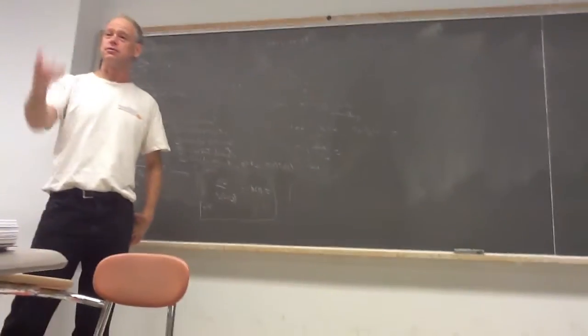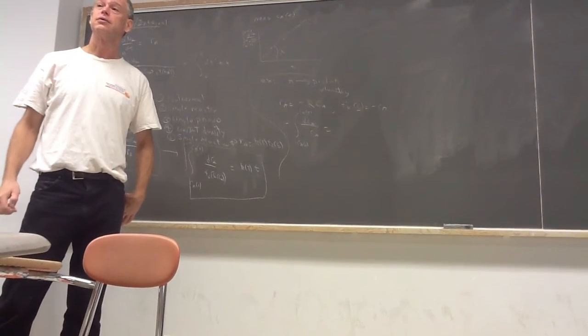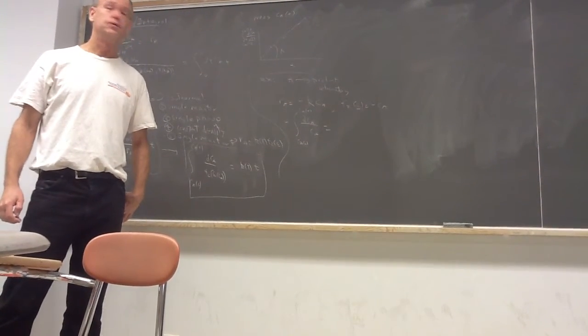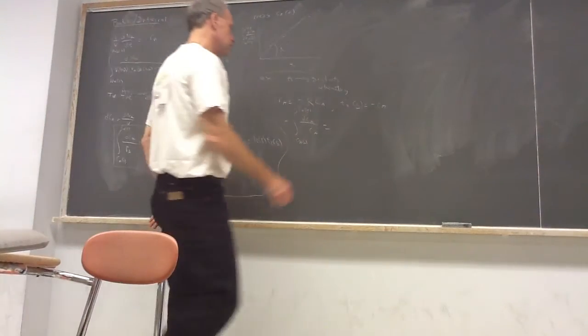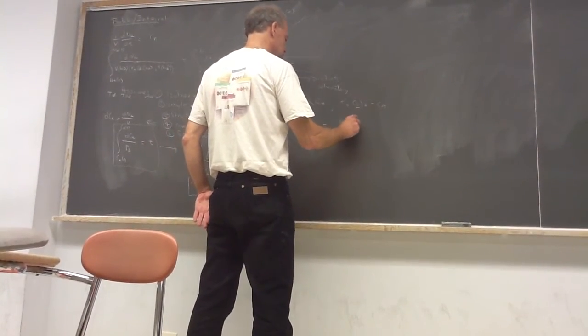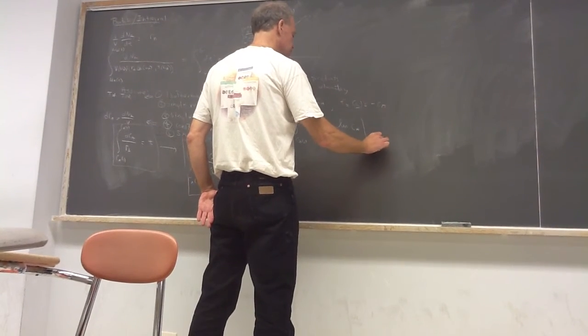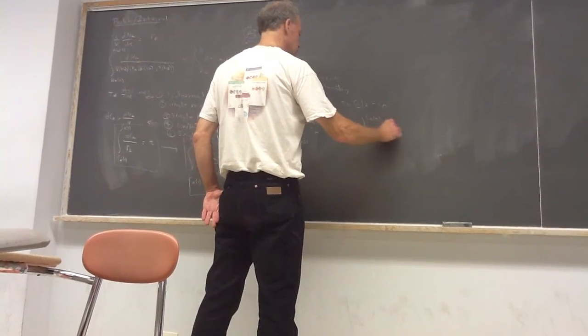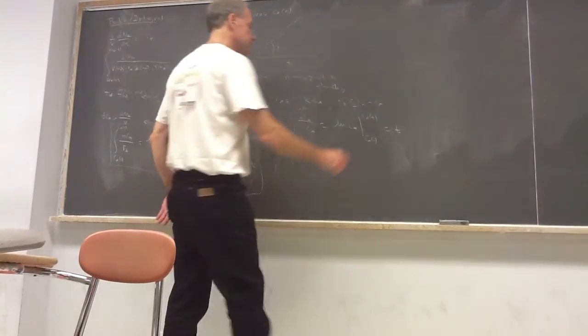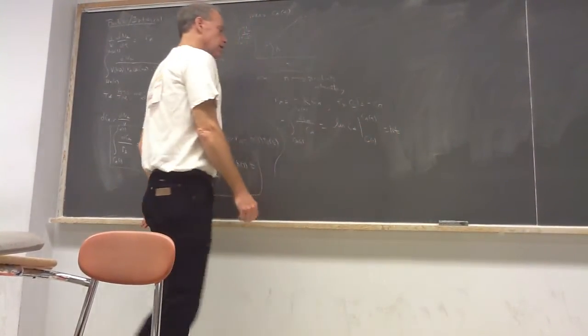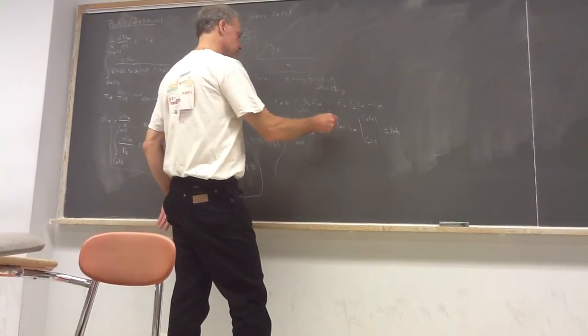Shouldn't be a shock. Ln of CA from CA of 0 to CA of T is equal to minus KT. And I have a minus sign.